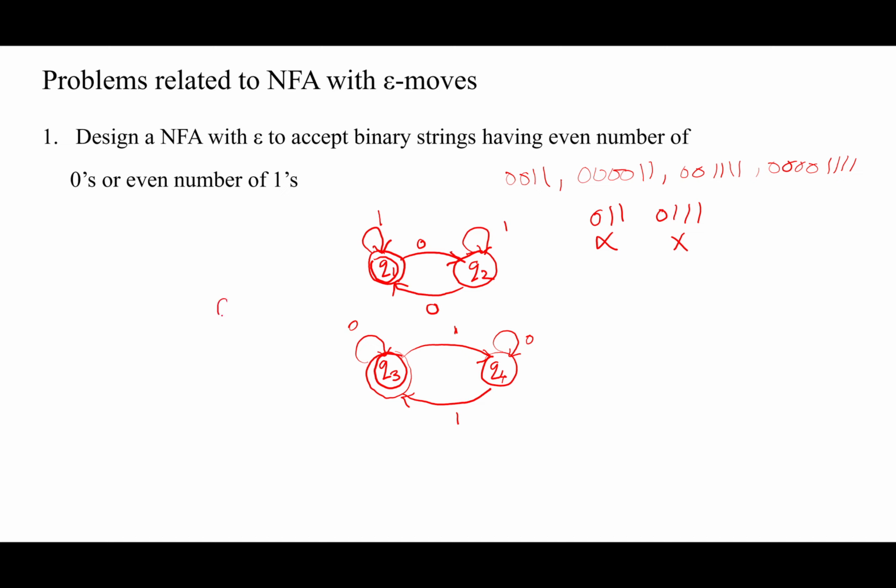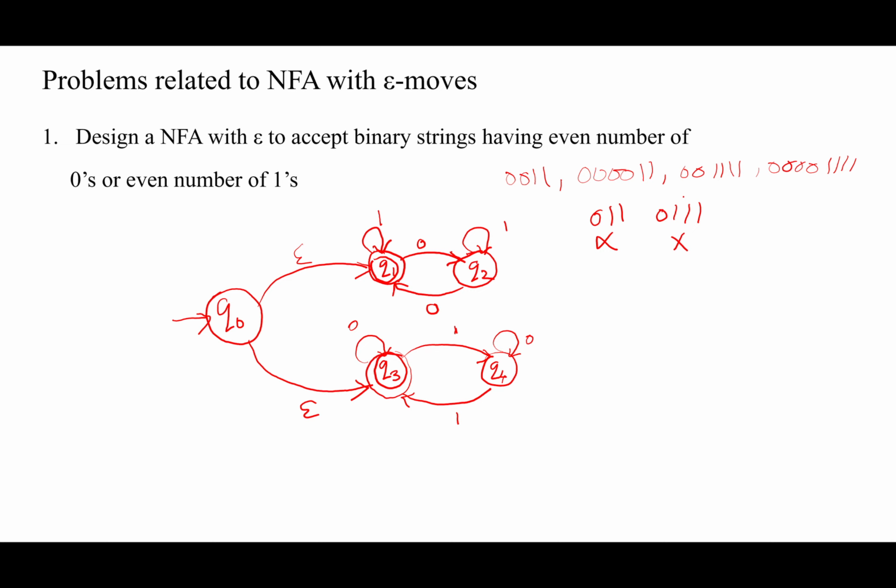By using one more state, Q0. So we can connect this, passing the empty symbol here, and the empty symbol here. So this is the transition diagram for this example.